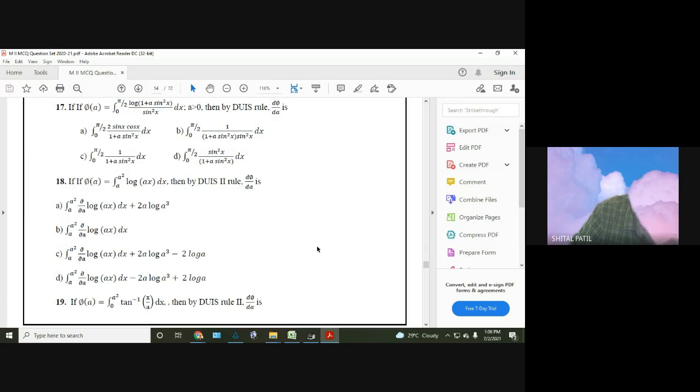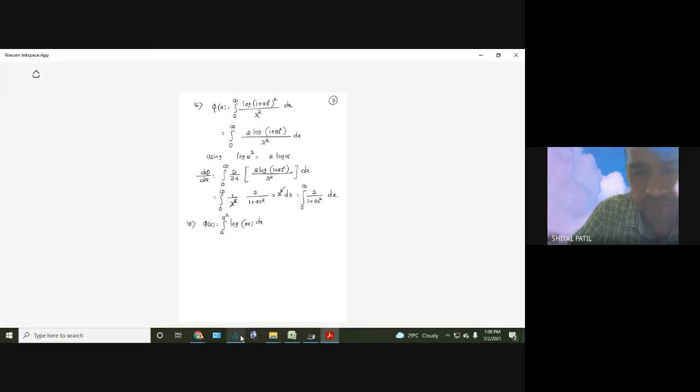Example next. Solve example number 18. Select phi of a equal to integration from a to a square of log of ax dx. Okay, sure.